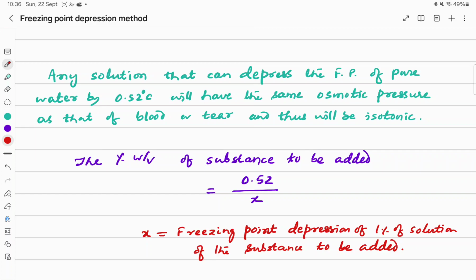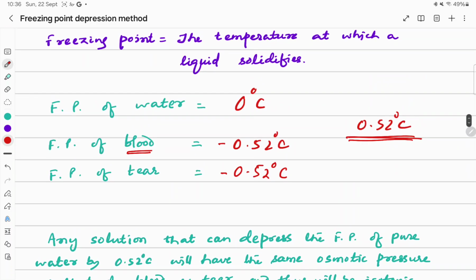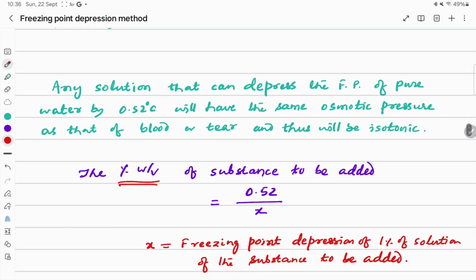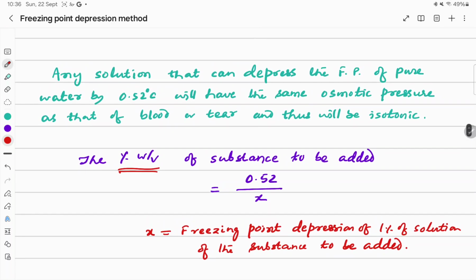Any substance, the solution we want to add, the percentage weight by volume required, we can calculate by the freezing point depression of blood, that is 0.52 divided by X, and X is the freezing point depression of 1% weight by volume solution of the substance to be added.